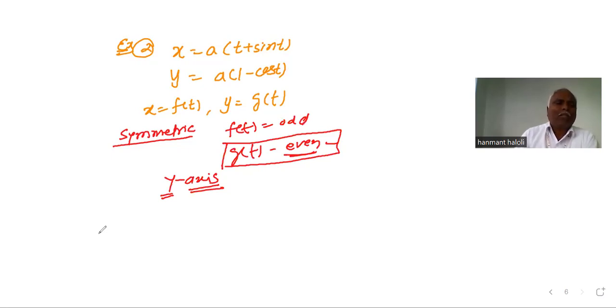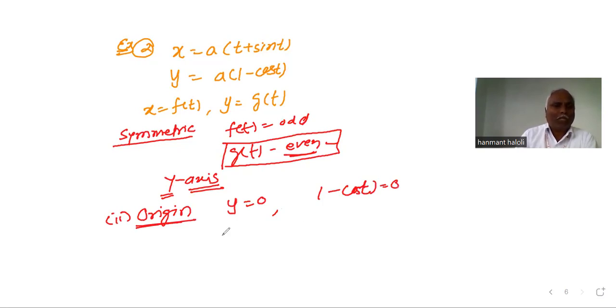Now check whether the curve is passing through the origin or not. Put y equal to 0 or x equal to 0. Y equal to 0, therefore 1 minus cos t equal to 0, that is cos t equal to 1. Therefore t equal to 0. Then from t equal to 0, we get the value of x equal to 0.